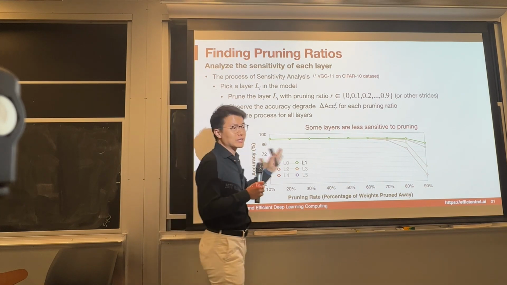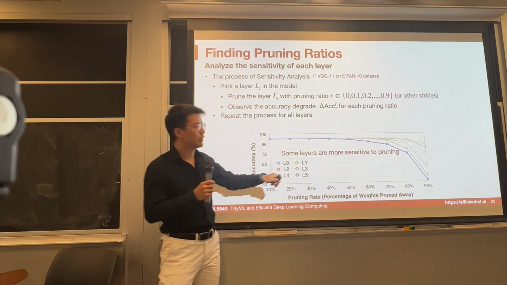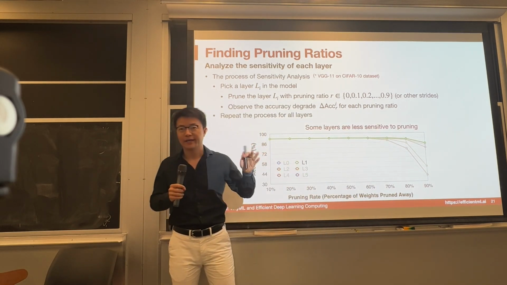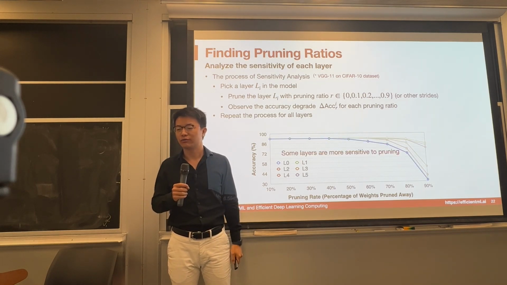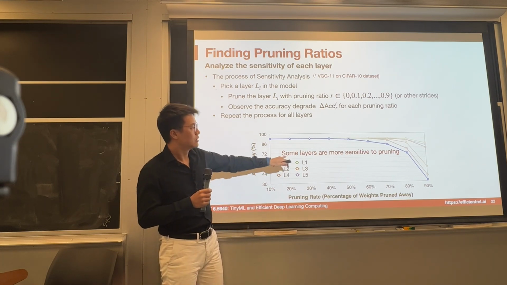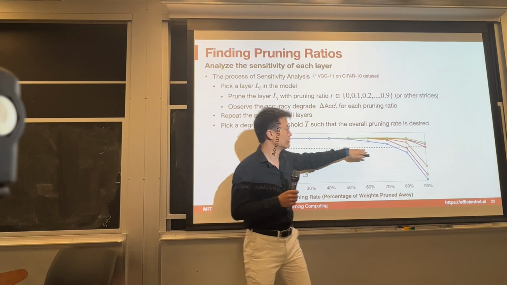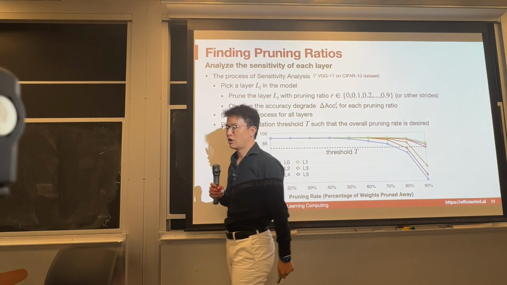So for simplicity here, we just assume we want to prune away those less sensitive layers, and assume they are roughly similar in size, maybe differing by 2 or 3 times, but not a 100-times difference. So this is very sensitive, and we want to have a threshold for different layers to have the same loss of accuracy.